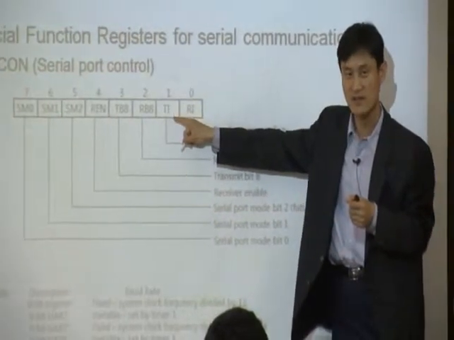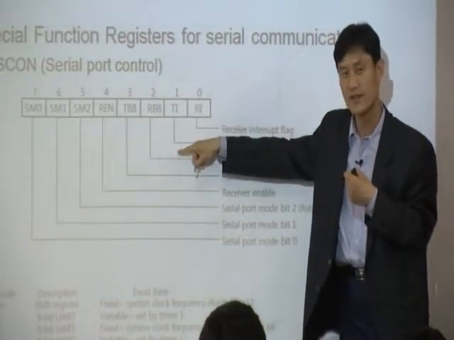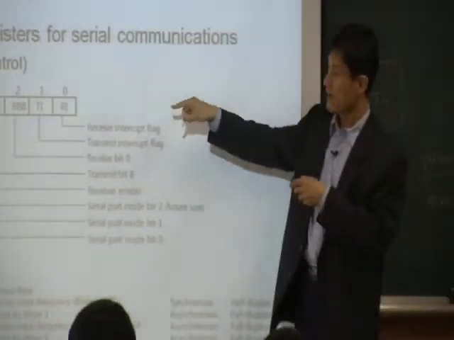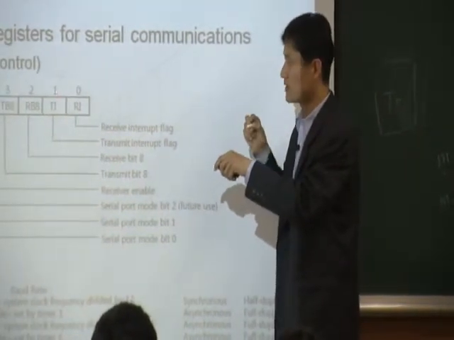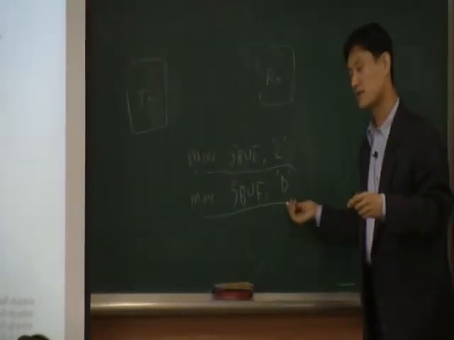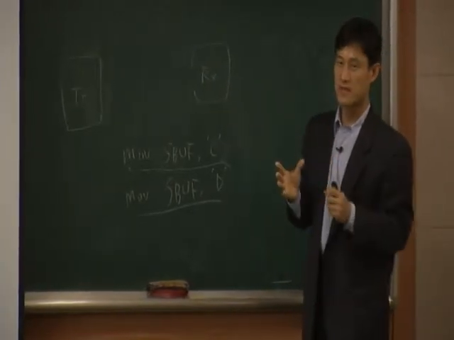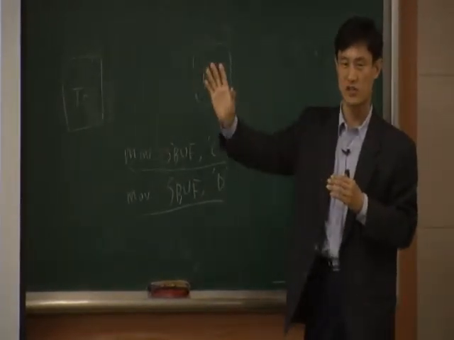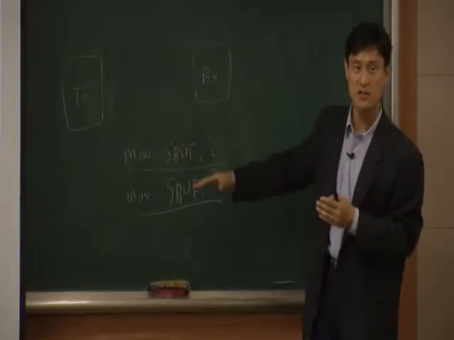If at some point this becomes 1, then it's time to write the next one, because that bit being 1 means the hardware already finished transmitting C. That's what you need to do every time.